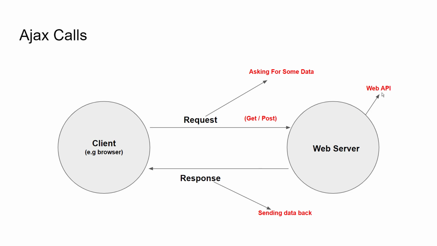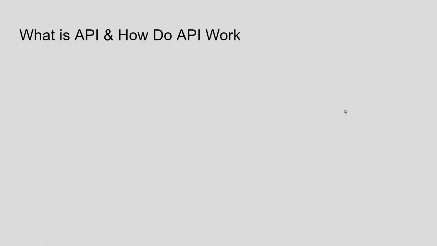Mostly we use a web API to get results, like a weather API or map API, or you can use any API to get the result and display it inside your page. I will give you an example later.